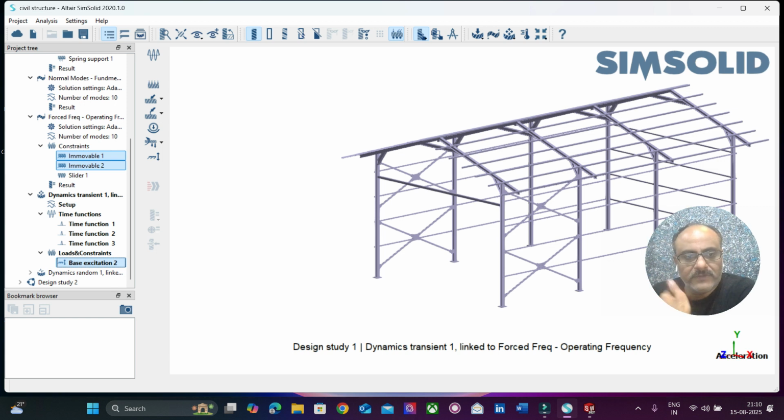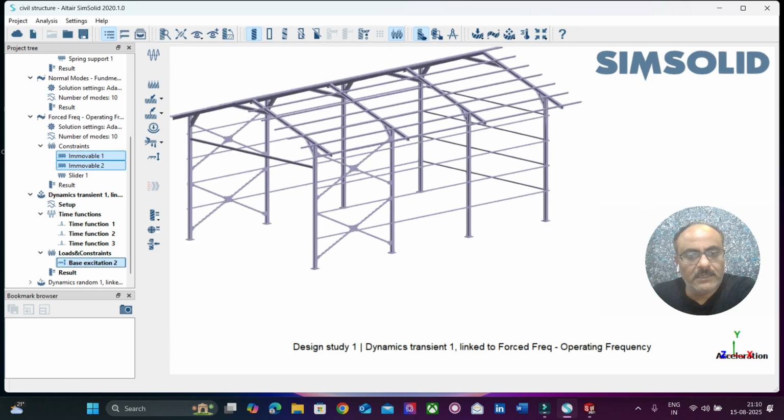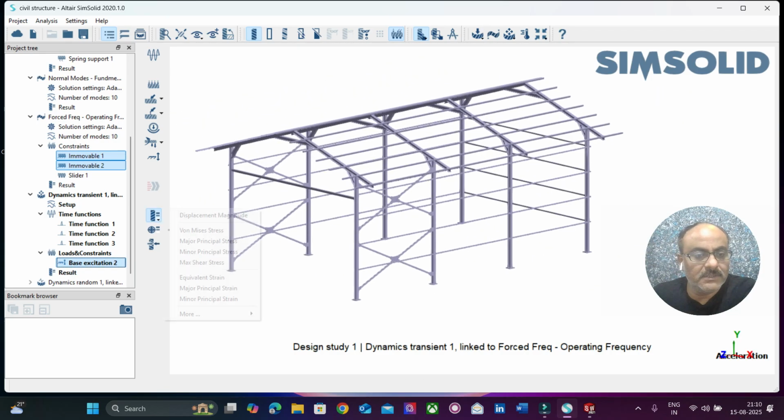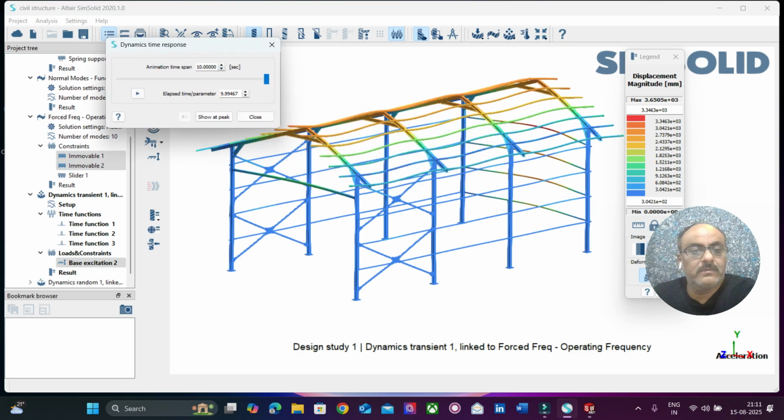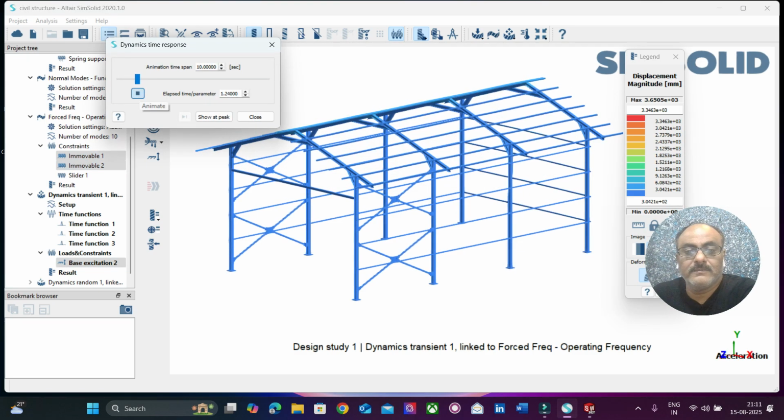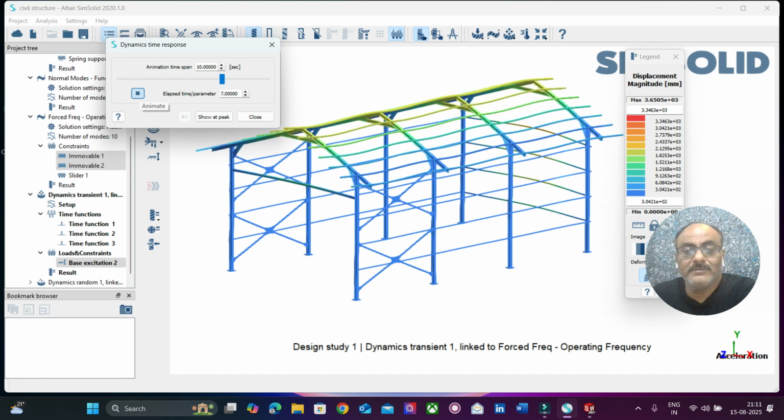Okay, so that is given in terms of amplitudes. Yeah, so now it's done. So this is how the structure is going to behave.